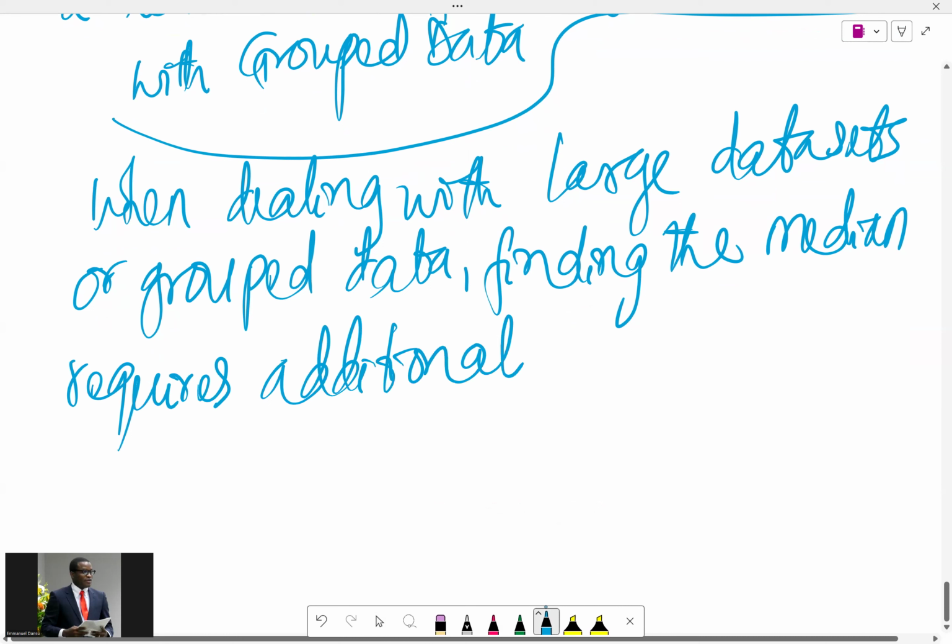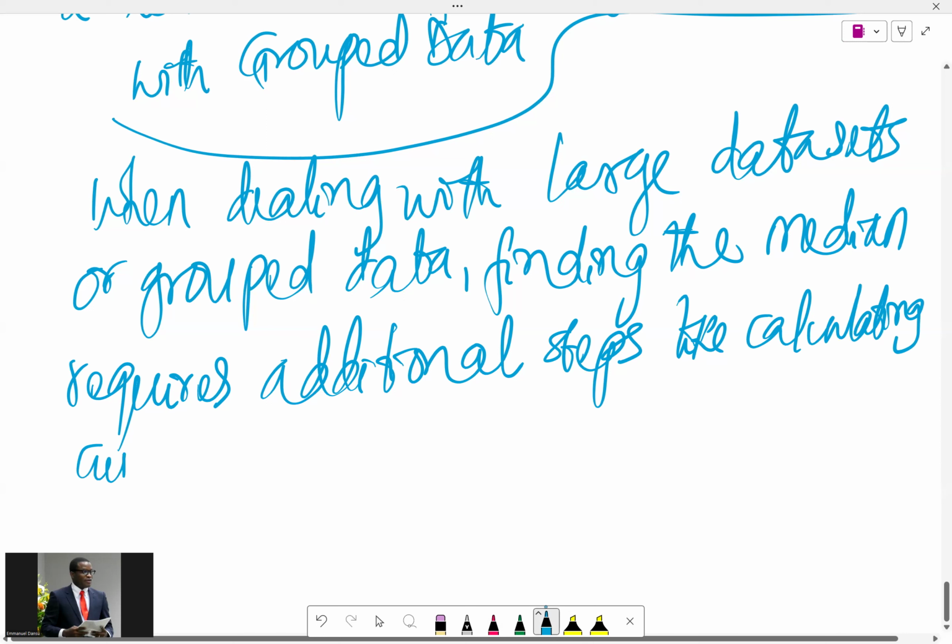Like what we did before, when you have grouped data, finding the median requires additional steps, like calculating cumulative frequencies, just like we did up there.